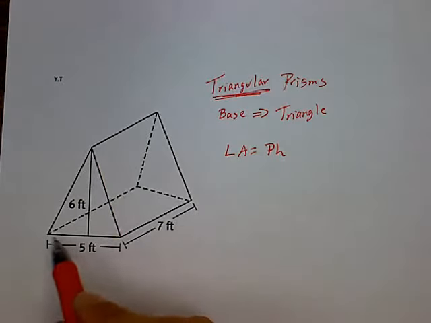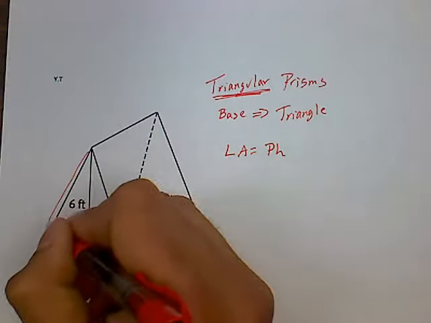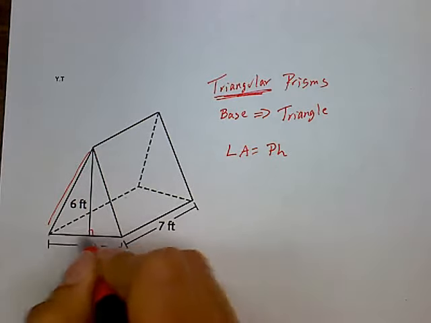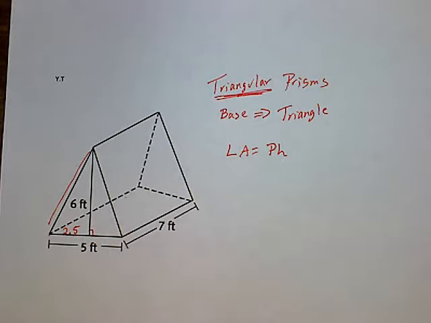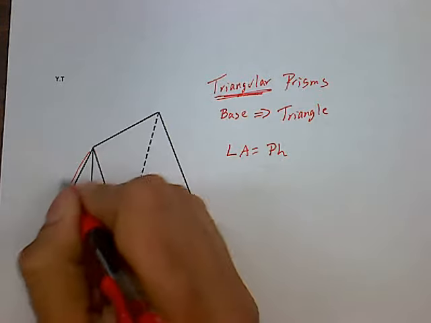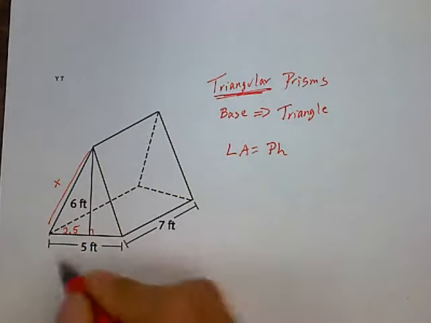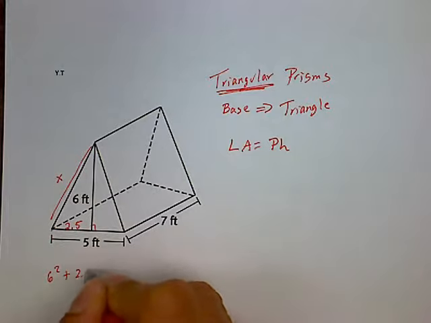Now the perimeter. This one is 5, this is 6, so we need to find this side right here. How do we do it? We probably use the Pythagorean theorem. The whole thing is 5, so this is 2.5. And I know the height is 6. So we do 6 squared plus 2.5 squared is equal to x squared.